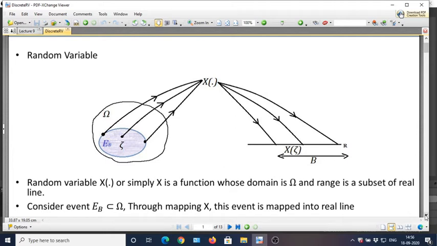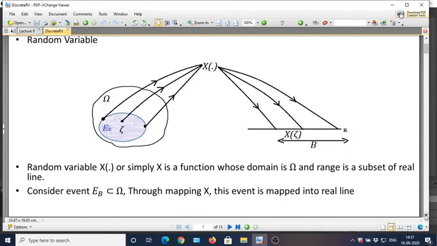X is just a function and the domain is the entire sample space, and the range is a subset of the real line. For example, consider an event E_B, an event in the event space which has to be a subset of the sample space. Then X maps this event to an interval in the real axis.